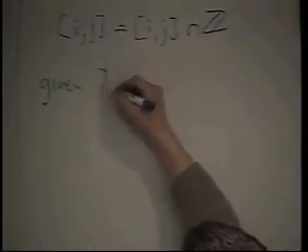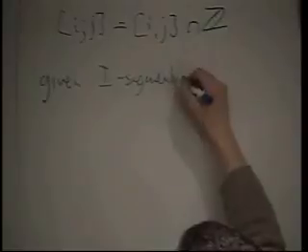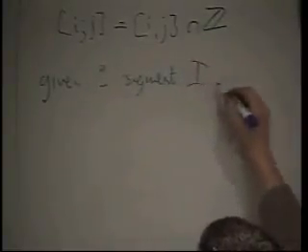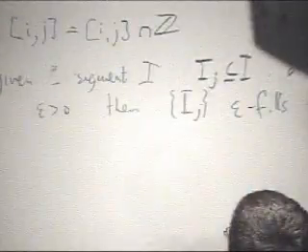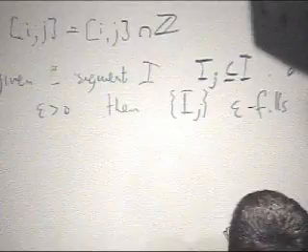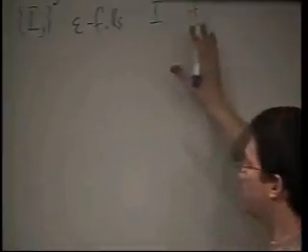And if we have a segment I, and a collection of disjoint subsegments I_j in I, and epsilon is positive, then the collection I_j epsilon-fills I if basically they cover all of I except for an epsilon fraction.